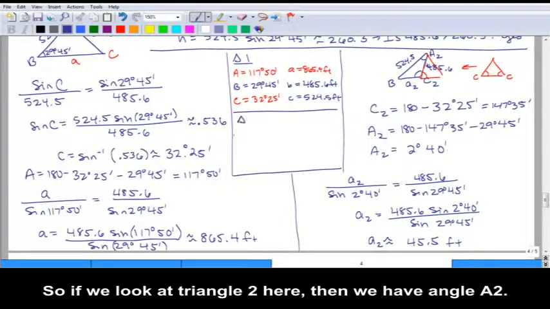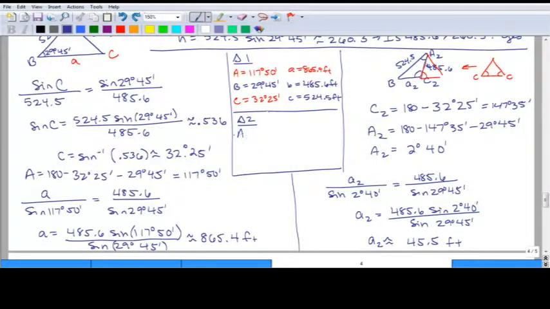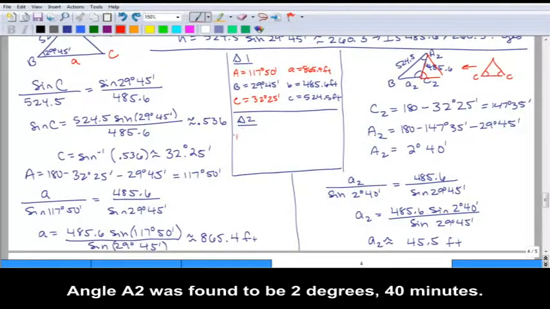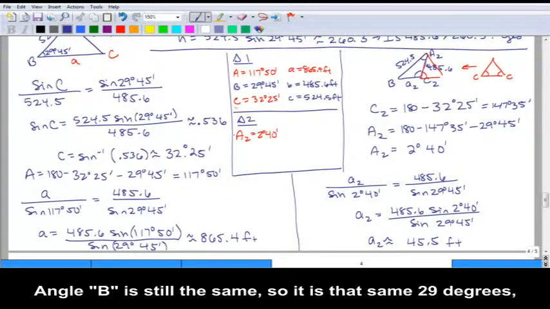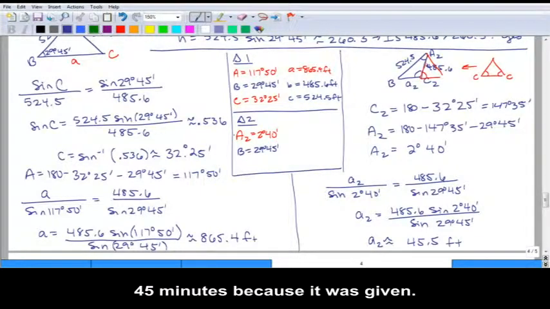So if we look at triangle 2 here, then we have angle A2. Angle A2 was found to be 2 degrees, 40 minutes. Angle B is still the same, so it is that same 29 degrees, 45 minutes because it was given.